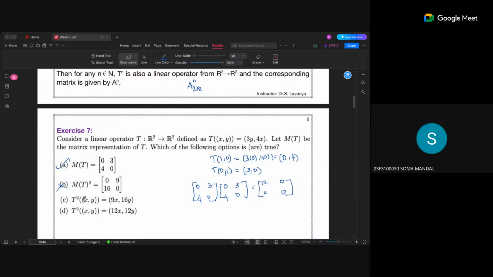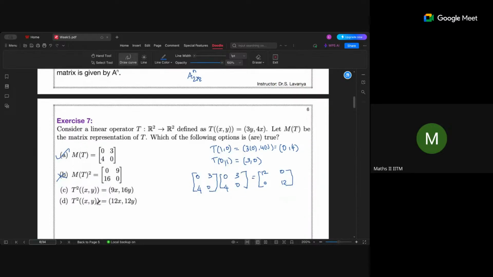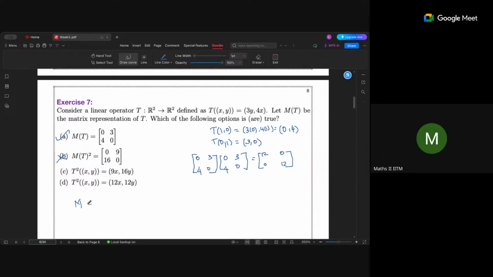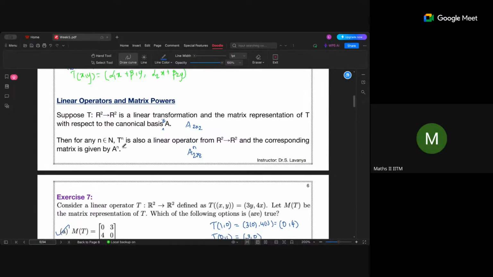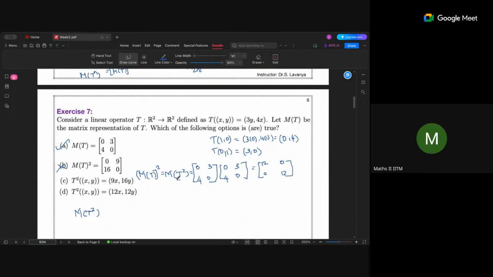Right? Okay. Now, what is T squared we have to find? So for that, can we quickly compute what is M of T squared? M of T whole square is the same as M of T square. That is what we saw here. The matrix of T power n is A power n. And A is the matrix of T. So M of T power n is M of T whole power n. So here M of T whole square is M of T square.